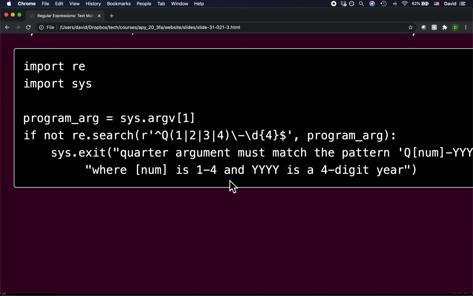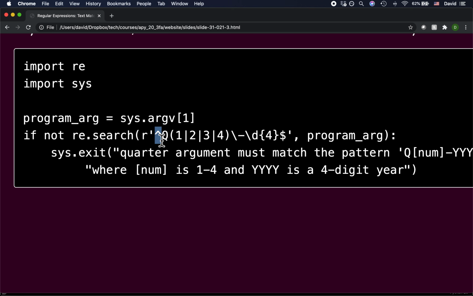If this is looking for an argument that starts with a Q, capital Q, and is followed by 1, 2, 3, or 4, we're not going to want to say \D because that could match on any digit character. If we're looking for Q1, Q2, Q3, Q4, in other words, notation of one of the 4 quarters, calendar quarters, we can say that by saying Q followed by one of these, and that's what this grouping is about.